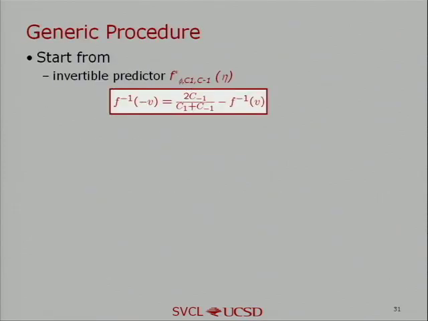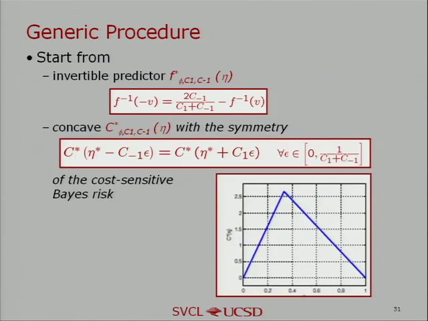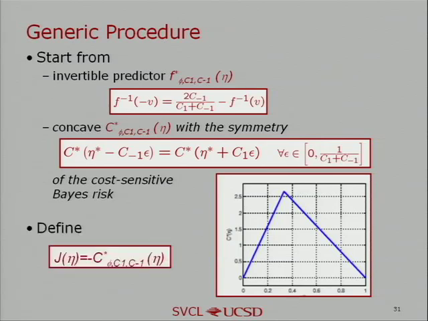So the generic procedure is to start from an invertible predictor f star that has this symmetry, and a concave function C star that has this symmetry. And this symmetry is basically the same symmetry that the Bayes risk has. So we're ideally trying to find a risk that has the same behavior as the Bayes risk.